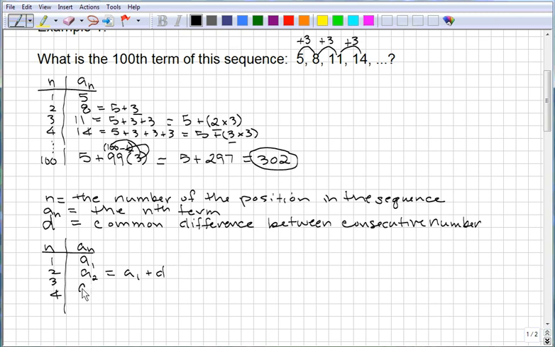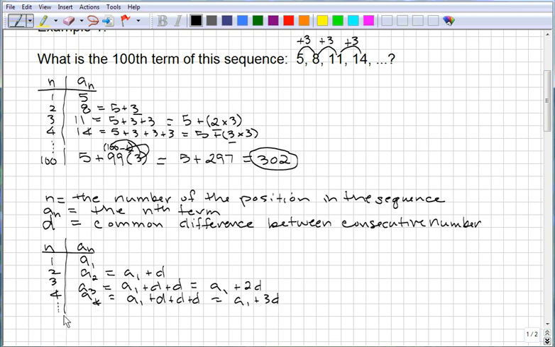So a3 is going to be a2 plus d, which is just a1 plus d plus d. We're just adding another d, so that's a1 plus 2d. a4 is going to be a1 plus d plus d plus d, that's a1 plus 3d.